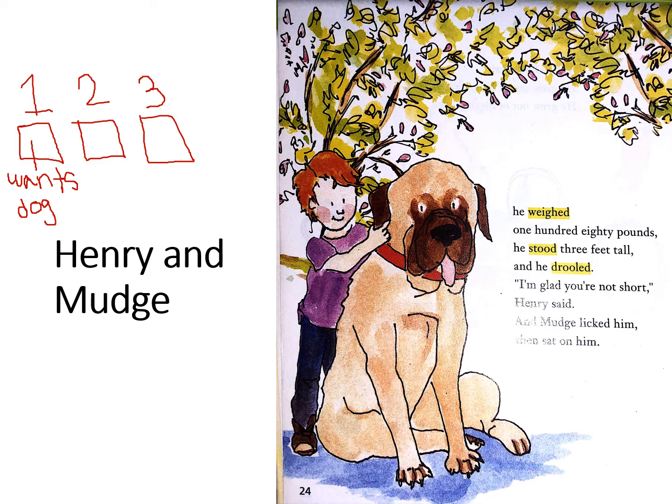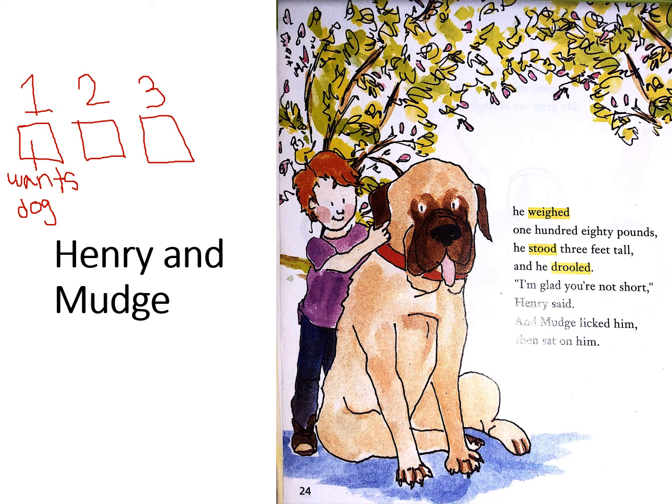And remember that Henry has very specific interests. He wants a dog that's not curly, that doesn't have pointy ears, and that's not short. So he's looking for a dog that's exactly the opposite of all of that. And that's where Mudge comes in.